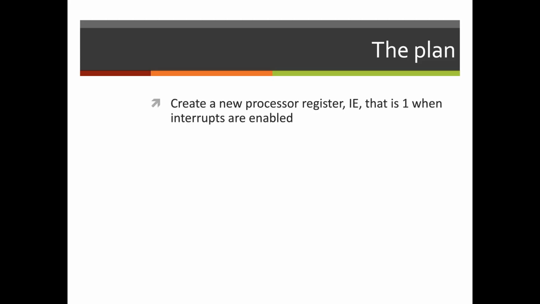So we want to be sure to have appropriate mechanisms in place in order to handle cascading interrupts. And as we recalled, we'll need a new process register.